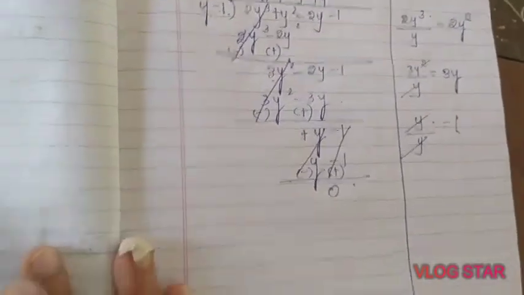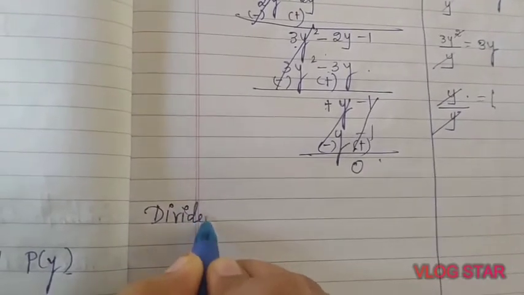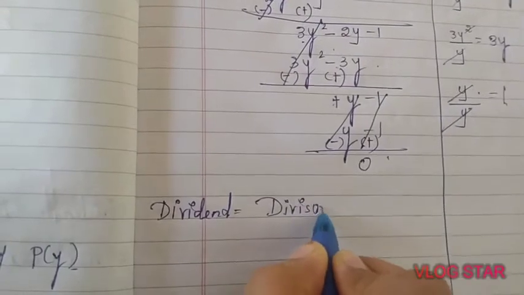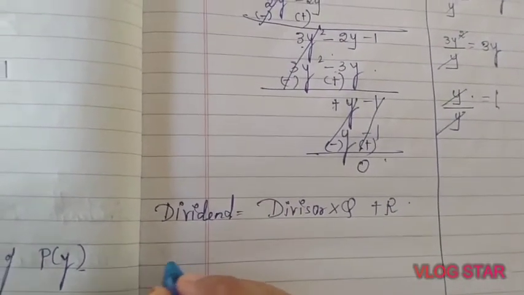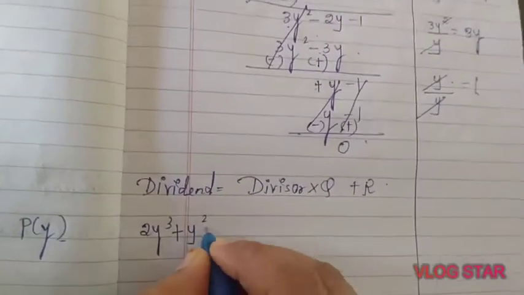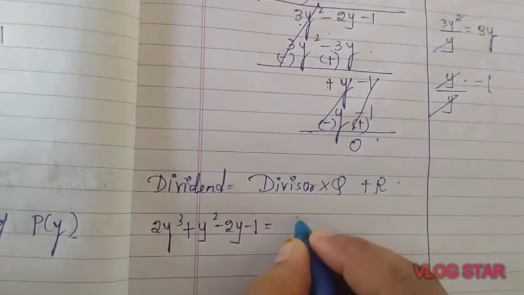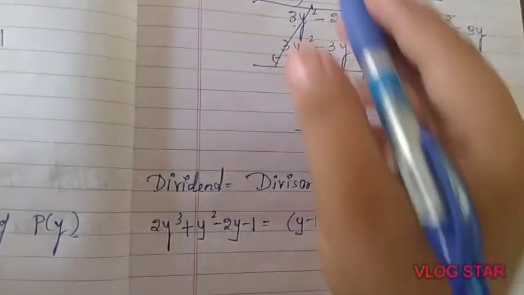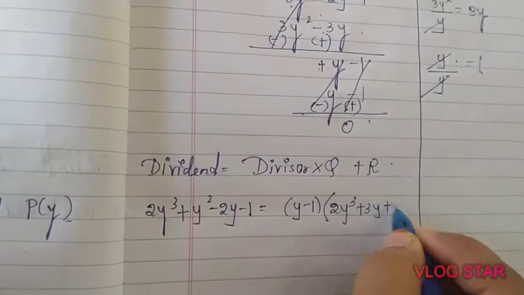Okay, so again the same thing: dividend equals divisor into quotient plus remainder. So the dividend, 2y cube plus y square minus 2y minus 1, will be equal to y minus 1, which is your divisor, and the quotient is 2y square plus 3y plus 1.